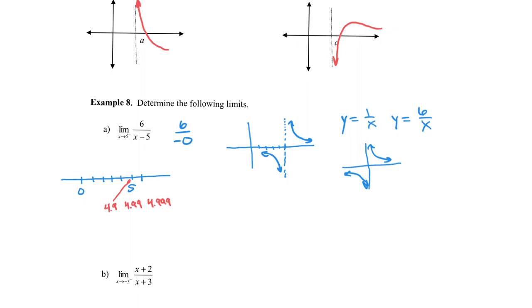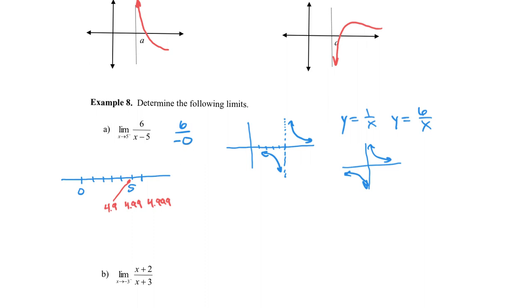We put negative 0. Now we know negative 0 doesn't really have a meaning, right? I mean, 0 is 0, but what we're trying to show here is that I've got this denominator approaching 0 through negative numbers, because I'm coming in from the left, so they're going to be numbers less than 5. I subtract them from 5, I'm going to get a really tiny but negative number.